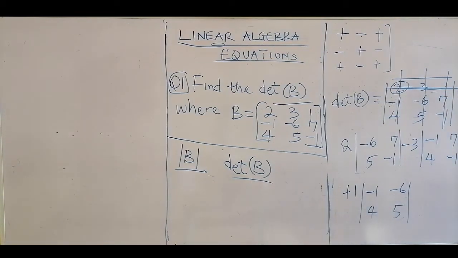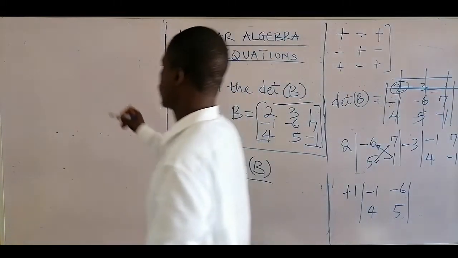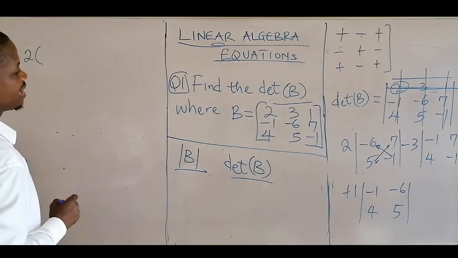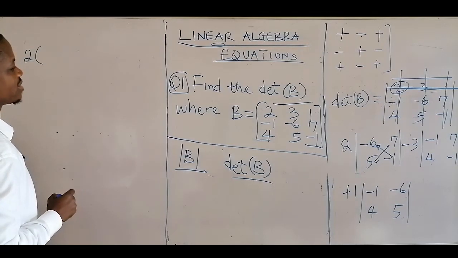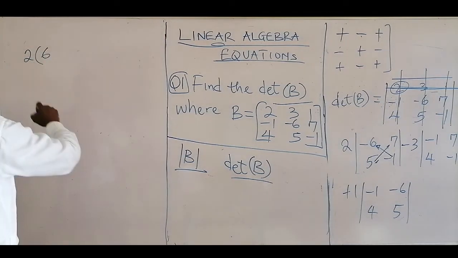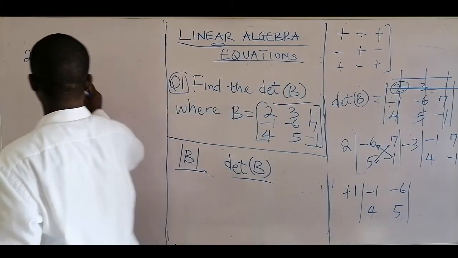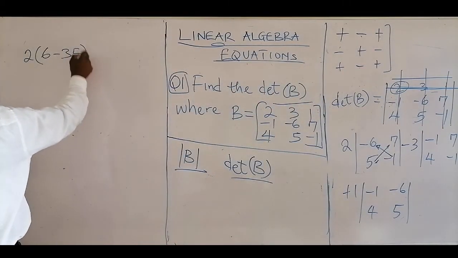Okay? Then you now begin to multiply. So it's going to be this one times this one, and then minus this one times that one. So we now have 2 into brackets. Minus 1 times minus 1 times minus 6, that's 6. Then 5 times 7, that's minus 35.